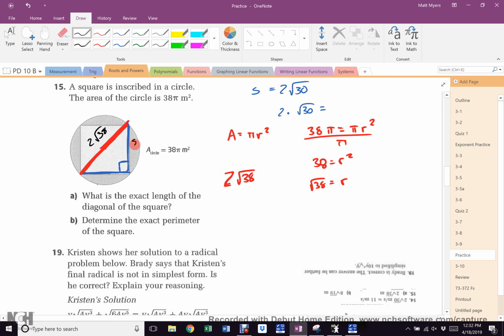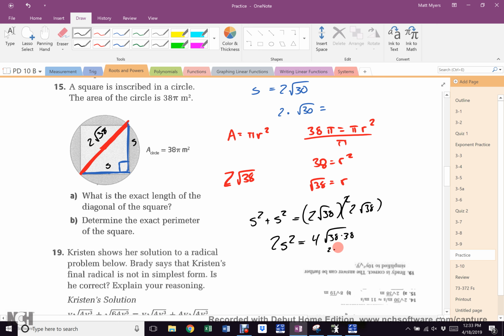Are these sides the same? So if I make it S and S, it's S squared plus S squared equals 2 root 38 squared, correct? Right? So that's 2S squared equals 4 root 38 times 38, correct? Everyone agrees?